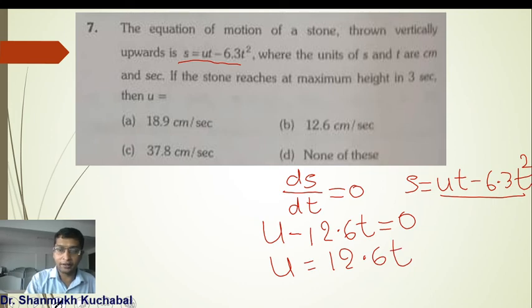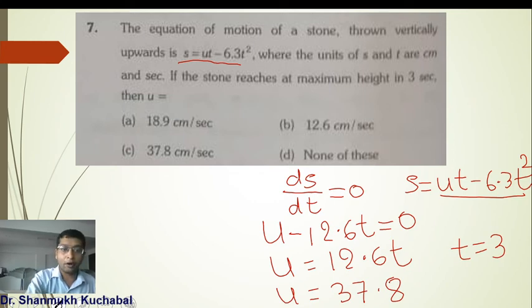Now we take the value of t as 3, since maximum height is reached in 3 seconds. With t equal to 3, we get the answer as 37.8. So option C is the right answer.